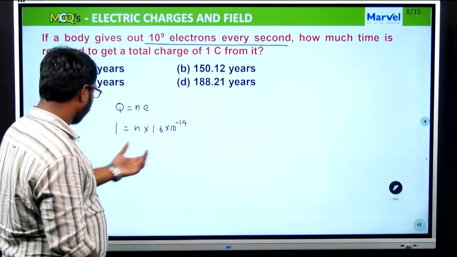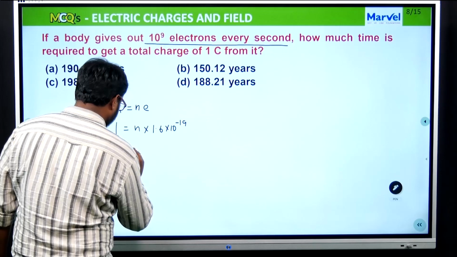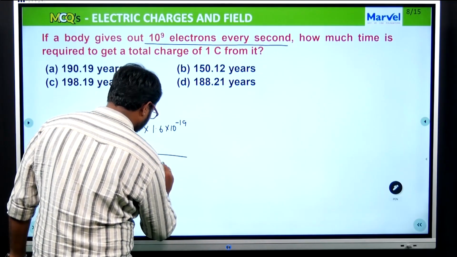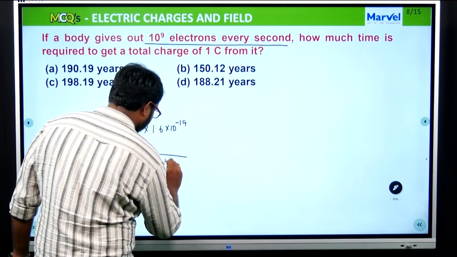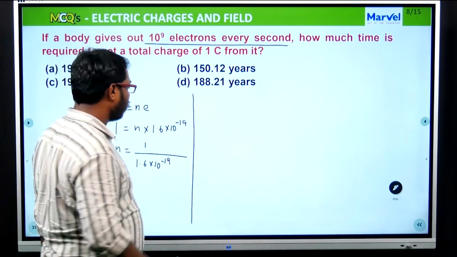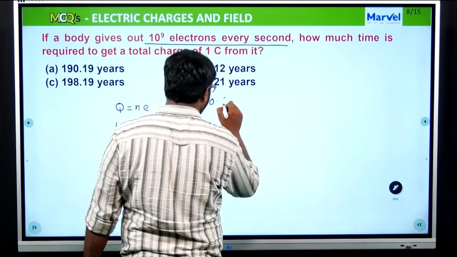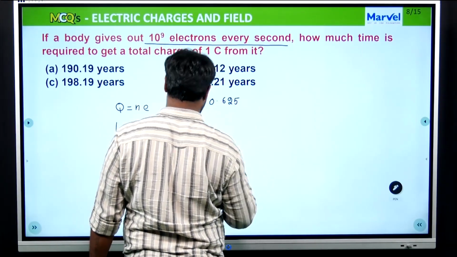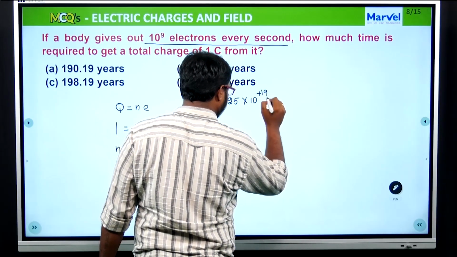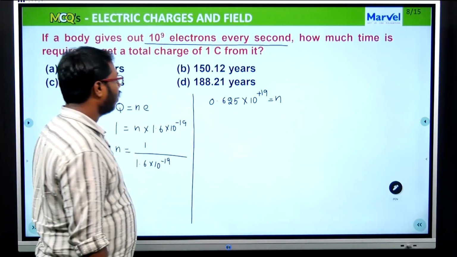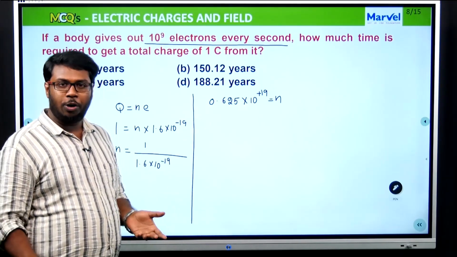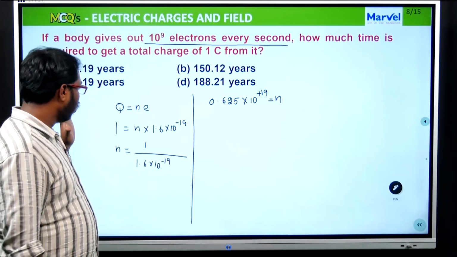Now I will take it to that side, where n is equal to 1 divided by 1.6 into 10 power minus 19. 1 divided by 1.6 is 0.625 into 10 power plus 19 is what we will get. So these many electrons should join together to produce 1 coulomb.